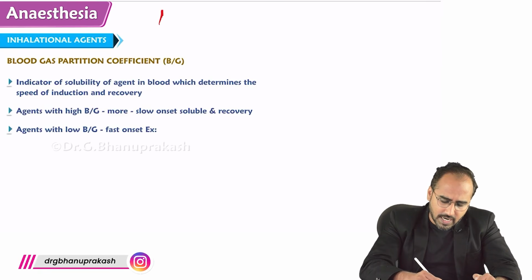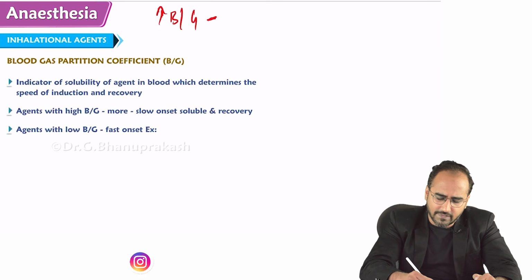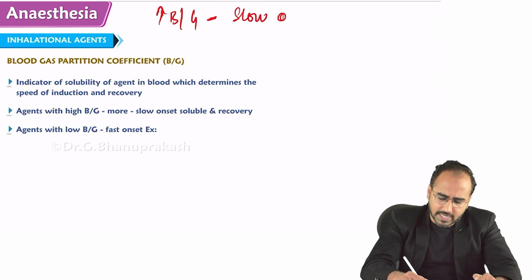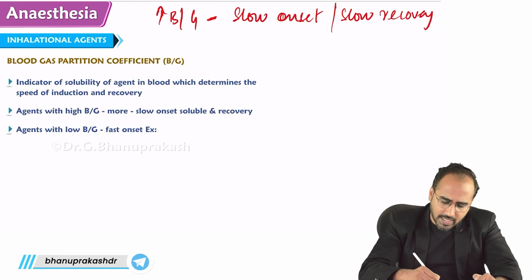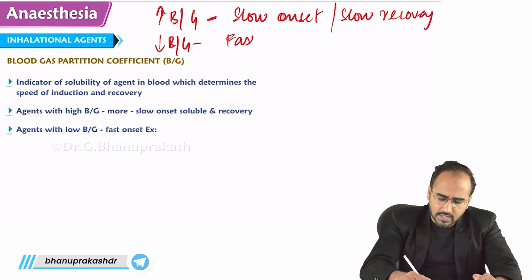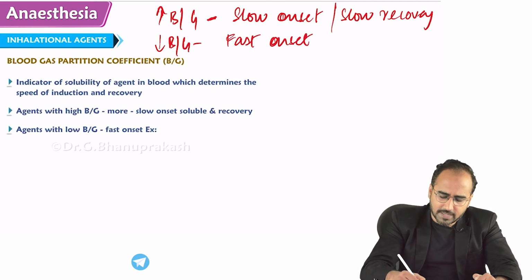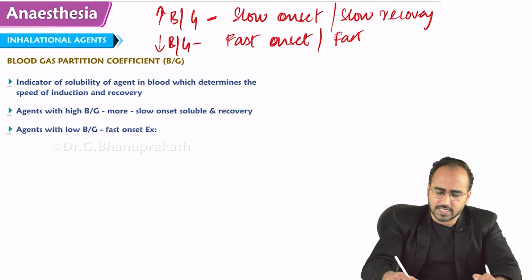Any agent that is having high blood gas partition coefficient will have slow onset and slow recovery. And any agent that is having low blood gas coefficient will be having fast onset and fast recovery.